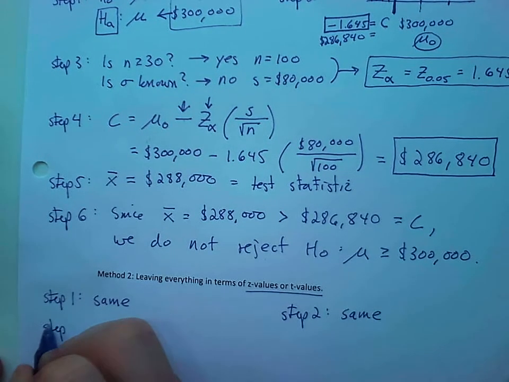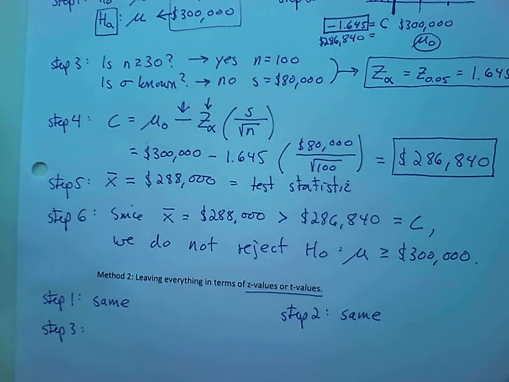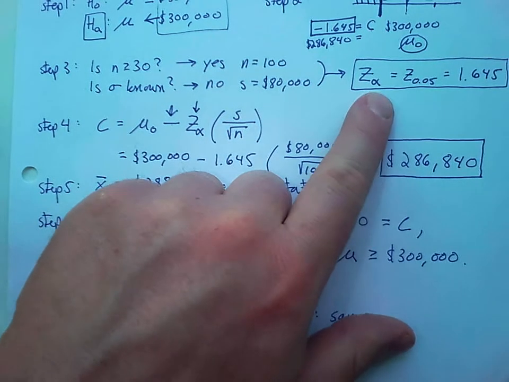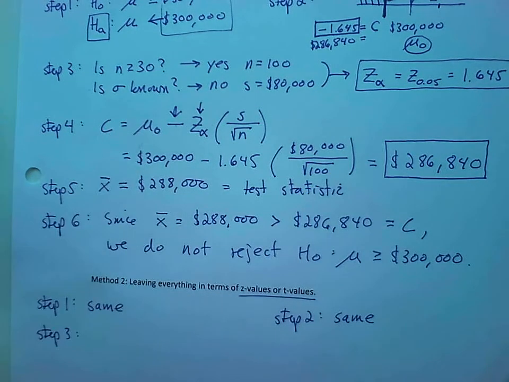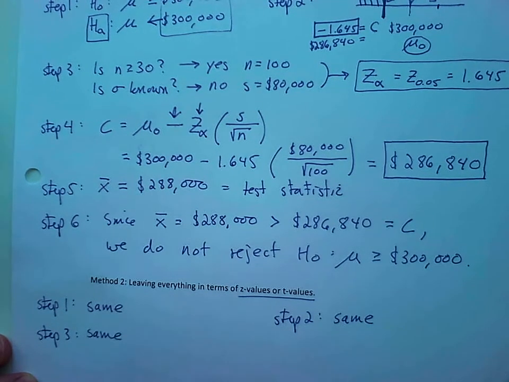What about step number 3? What changes about step number 3? Nothing. Step number 3, we're again just trying to determine whether or not we're using z values or t values. So we still go through that same process whenever we're dealing with the means. So therefore, step number 3 stays the same as well.